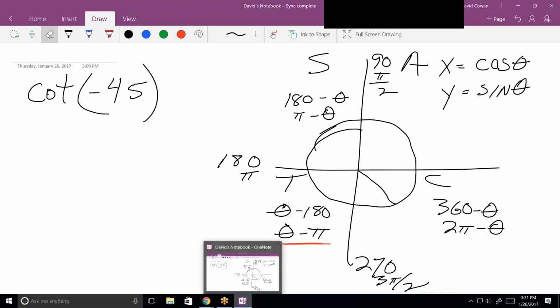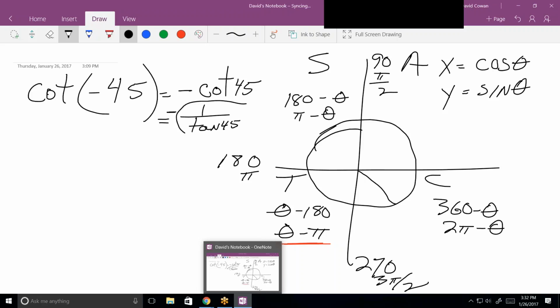The cotangent of -45 degrees is exactly the same as minus cotangent of +45 degrees, which is exactly the same as minus 1 over the tangent of 45 degrees.